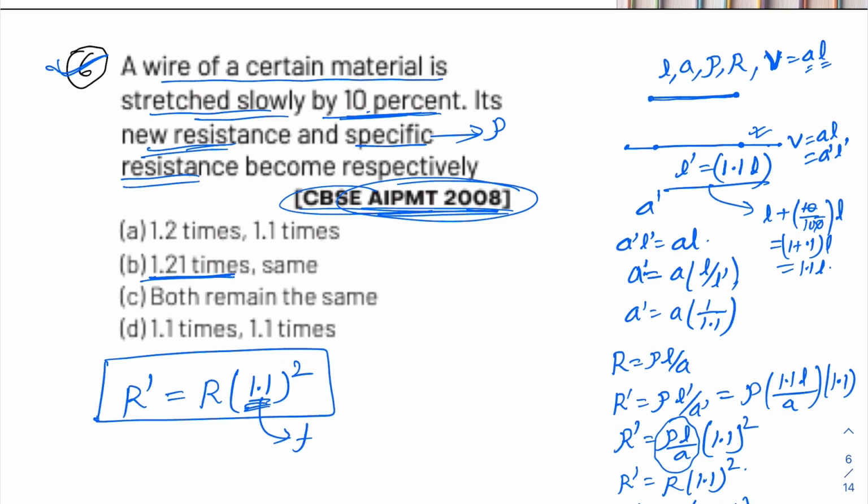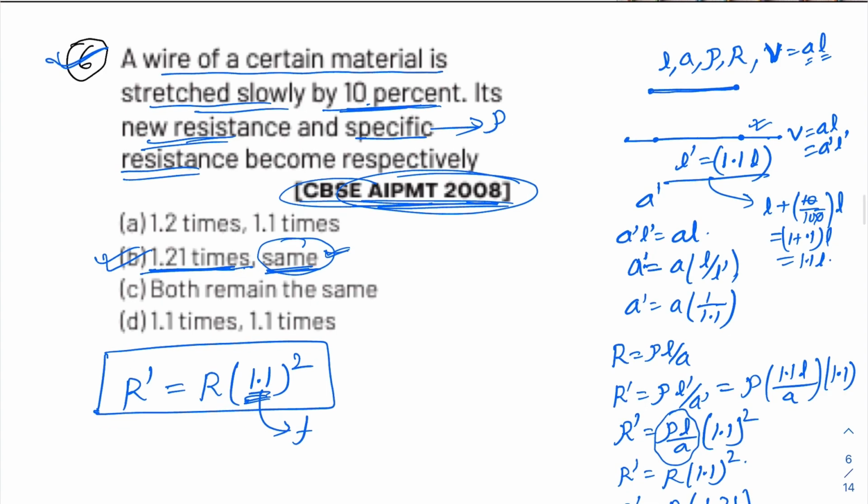But here the temperature is same, so resistivity will also be the same. If they said that the temperature is increased or something like that, then obviously the resistivity will change. So in this case the resistance is 1.21 times and the resistivity will be the same. It is a very easy question, but you need to know the concept.